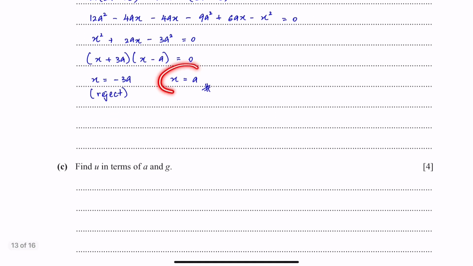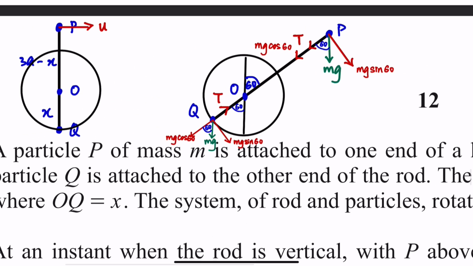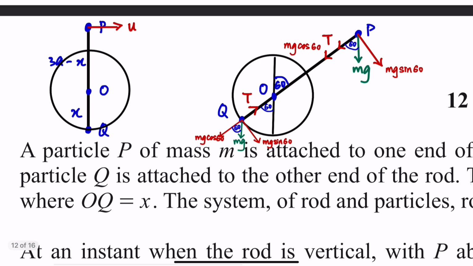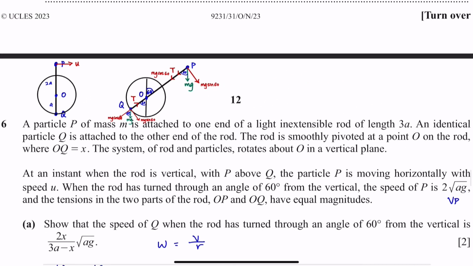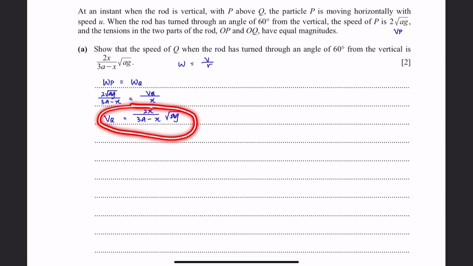For part C, we need to find u in terms of a and g. So from part B, we know that x is equal to a. So now we know that this is actually a, and this would be 2a. Previously we found that the speed of Q is in terms of x, a, and g.